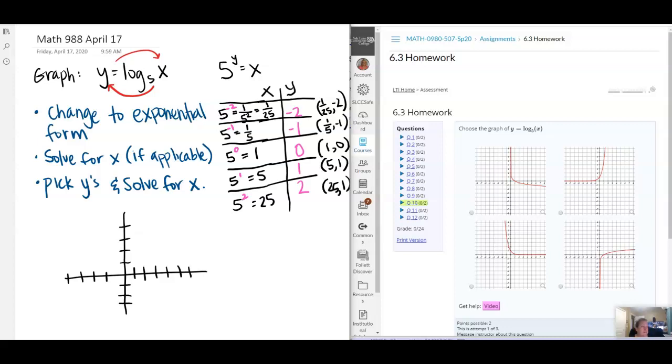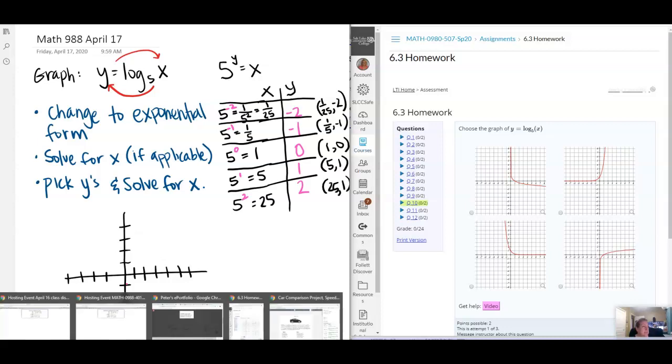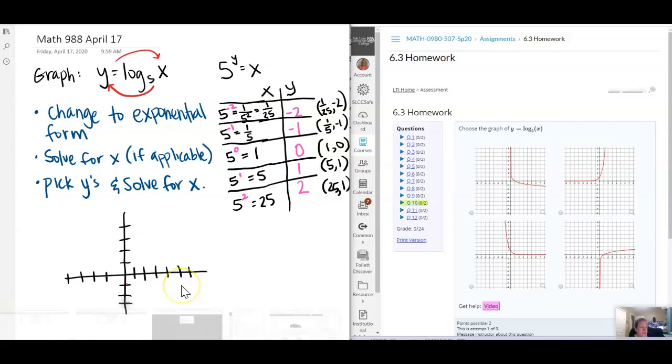So if I have 1/5, over 1/5 down 1, it's going to be about here. That's going to be pretty close to that y-axis. And then 1, 0 is here, and then over 5, up 1 is here. So I can see the shape of it from those 3 points.